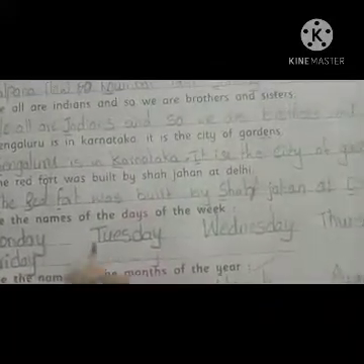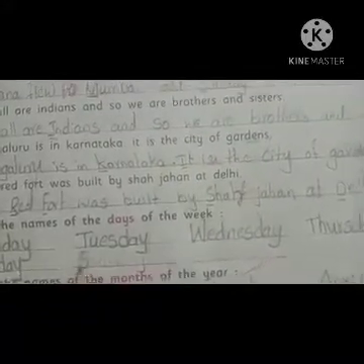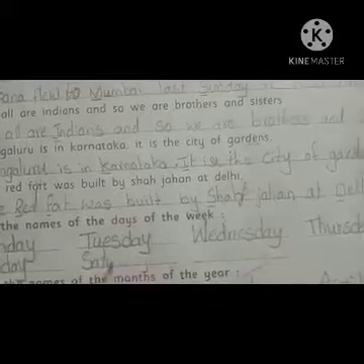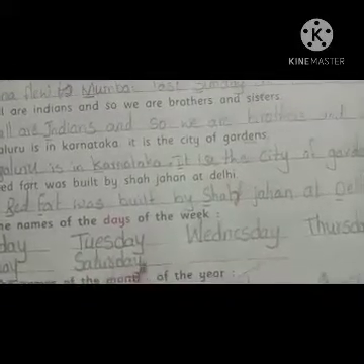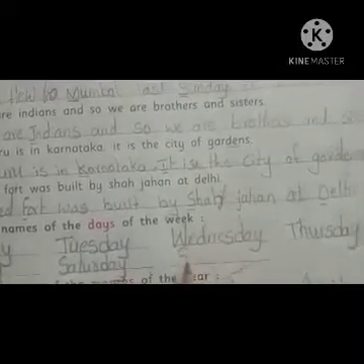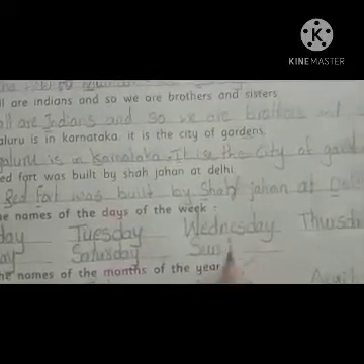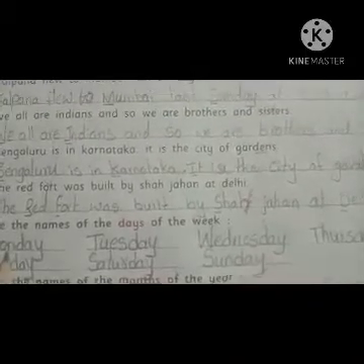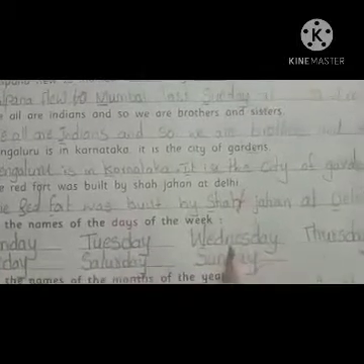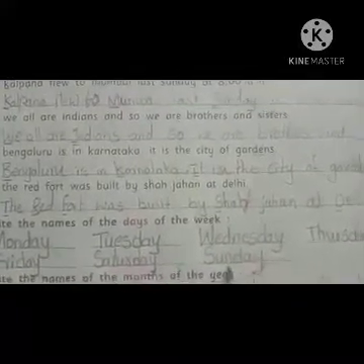Friday, after which one, children? Saturday, S-A-T-U-R-D-A-Y. Next, the last one is Sunday, S-U-N-D-A-Y. Monday, Tuesday, Wednesday, Thursday, Friday, Saturday and Sunday.